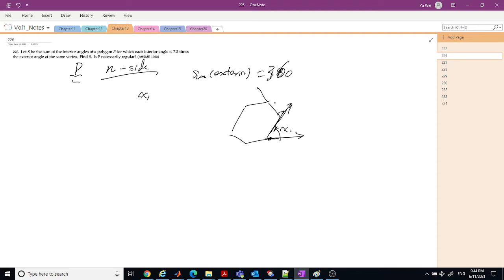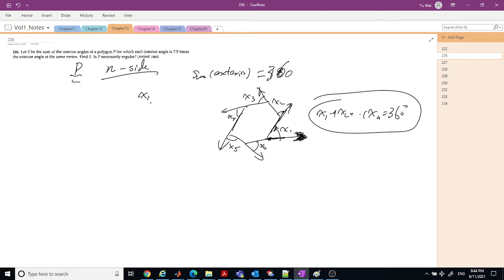From this direction to this direction is angle x2, then angle x3, angle x4, angle x5, and finally x6, and we turn back to the original direction. So you make a whole turn back to the original direction. That's why x1 plus x2 plus up to xn is equal to 360 degrees.